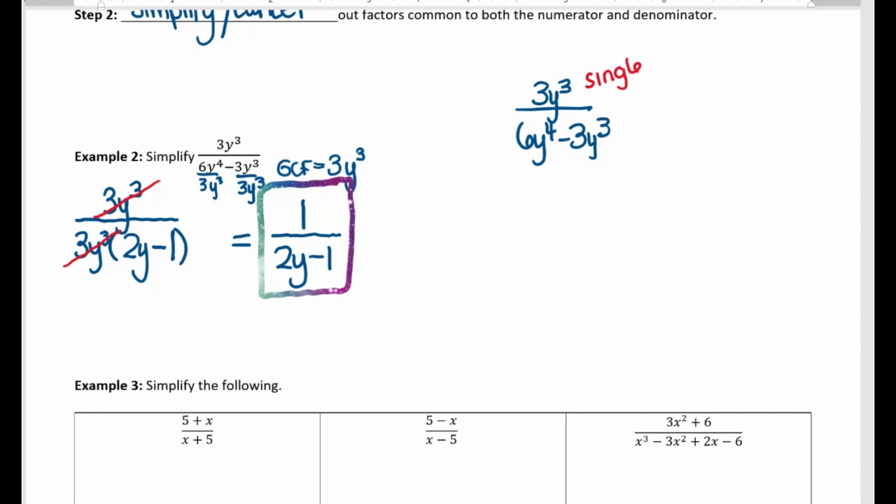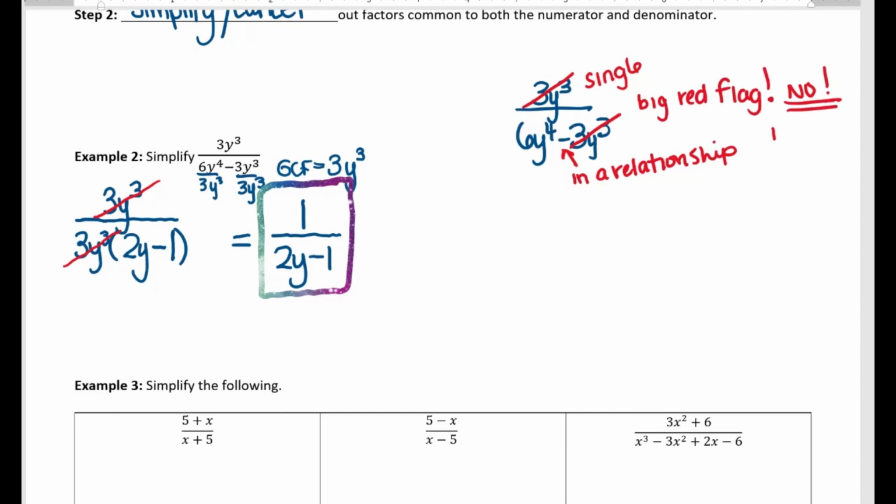He's by himself. In the bottom, that subtraction means in a relationship. Now, if he tries to go out acting like he's single when he's in a relationship, that's a big red flag. No. Completely illegal. Okay? It's not okay to act like you're single when you're in a relationship.